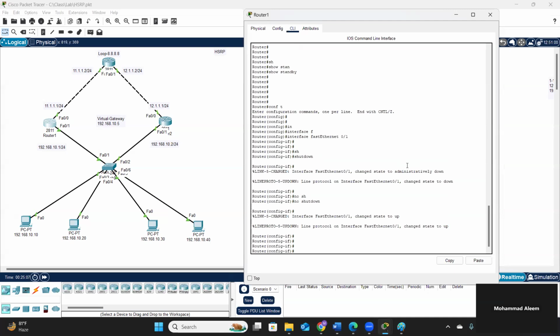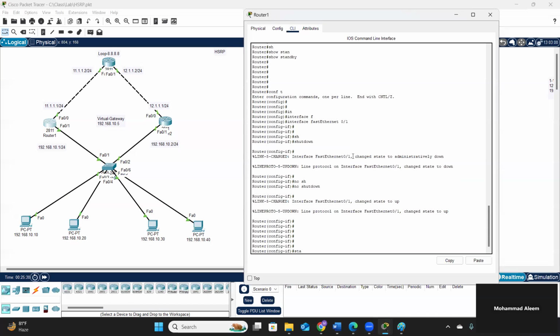HSRP is Cisco proprietary and VRRP is an open standard protocol. VRRP, Virtual Router Redundancy Protocol, you can configure on Cisco and non-Cisco devices. But HSRP you have to configure on Cisco only. HSRP will not support non-Cisco devices.